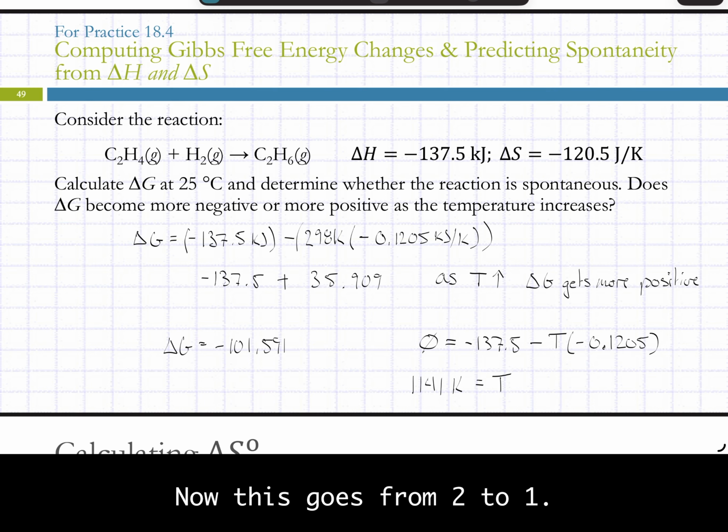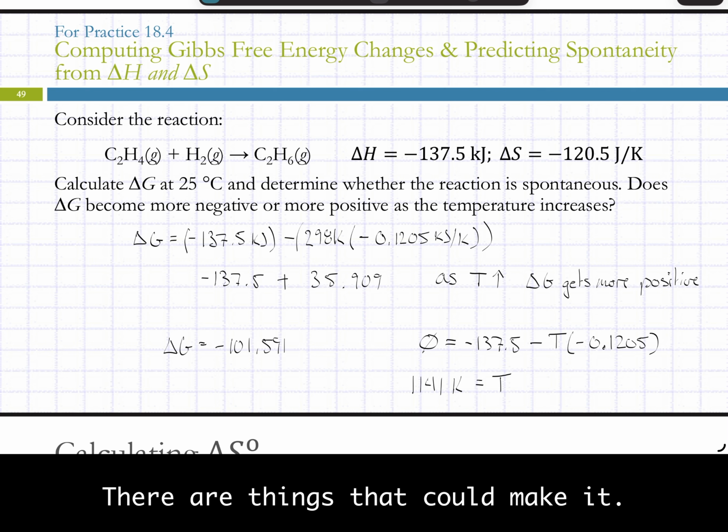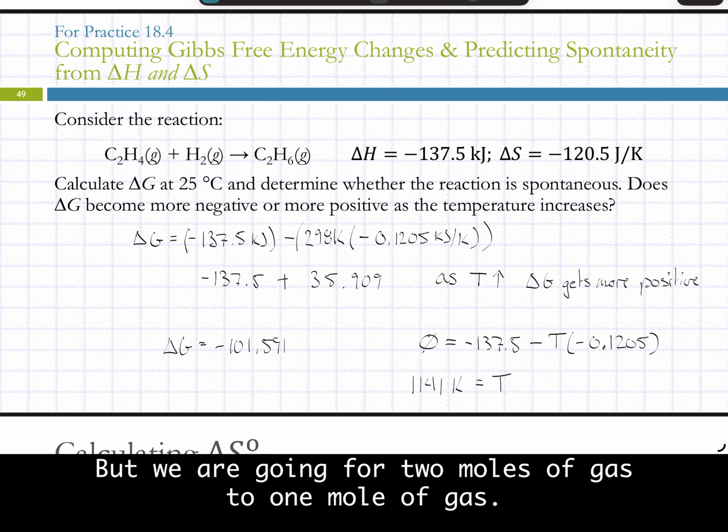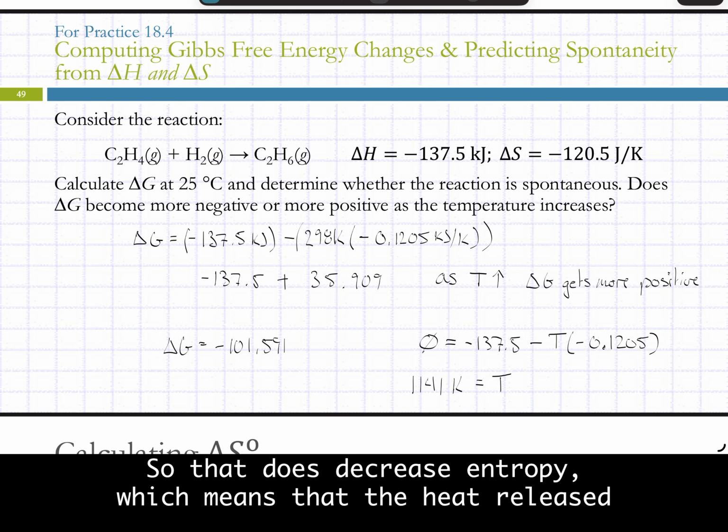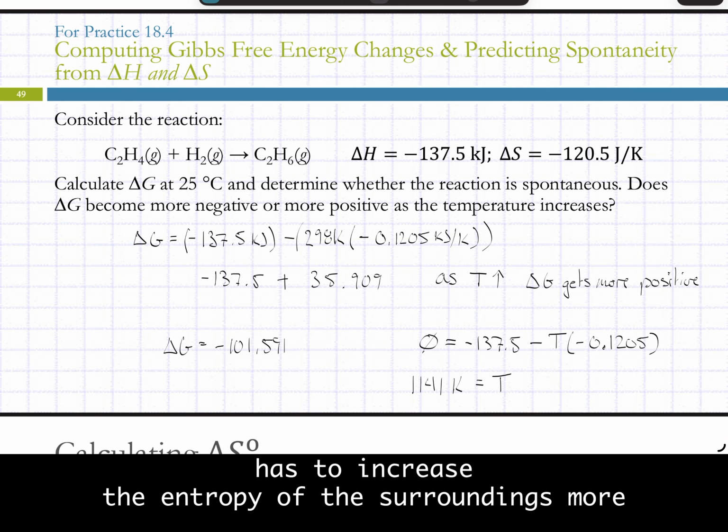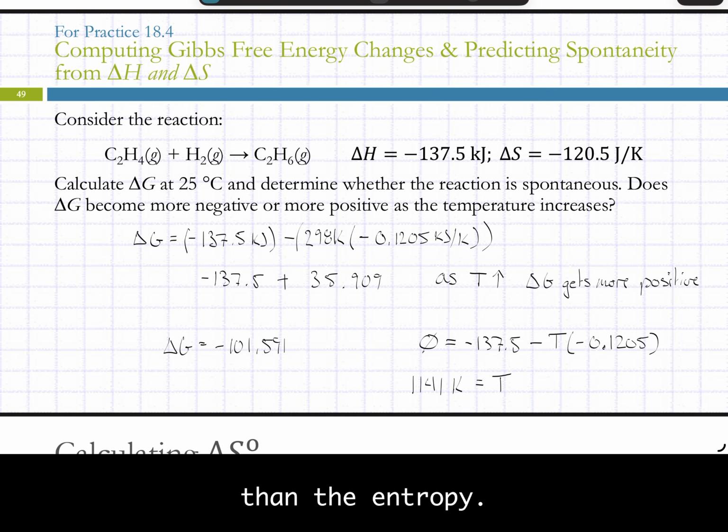No, this goes from 2 to 1. This totally makes sense. It's a decrease in entropy. Okay. Sorry. Yeah, it's going from 2 moles of gas to 1 mole of gas. There are things that could make it so that's not the case, but we are going from 2 moles of gas to 1 mole of gas. So that does decrease entropy, which means that the heat released has to increase the entropy of the surroundings more than the entropy of the reaction decreases.